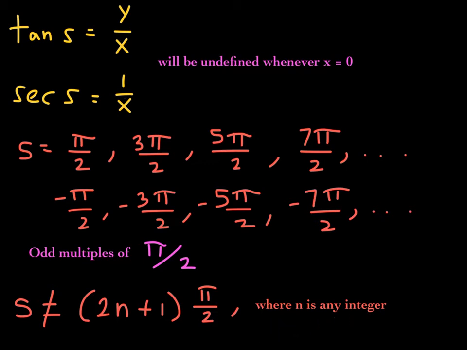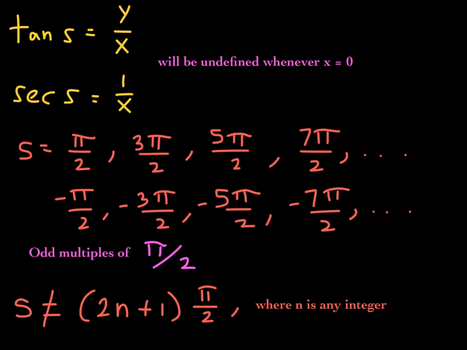So watch this. Plug in the integer 0. 2 times 0 is 0, and 0 plus 1 is 1. 1 times pi over 2 is pi over 2. So when you plugged in 0, you generated the first odd multiple of pi over 2. If you let n be 1, 2 times 1 is 2, and 2 plus 1 is 3. 3 times pi over 2 is 3 pi over 2.